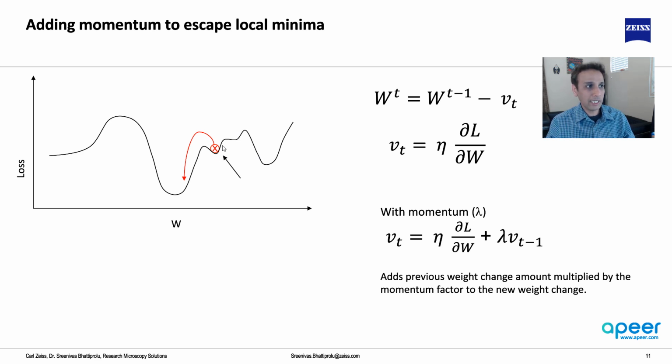But with certain momentum, we can come out of it and find a true global minima. I'm explaining this in a visual way, but mathematically, all it's doing is adding a momentum term to the derivative term. That's it. And the momentum goes between 0 to 1, and 0.9 is a high momentum, in your stochastic gradient descent, for example. Okay, so that's that.